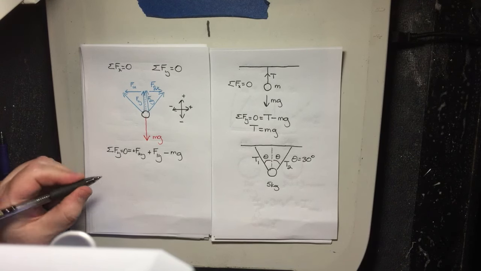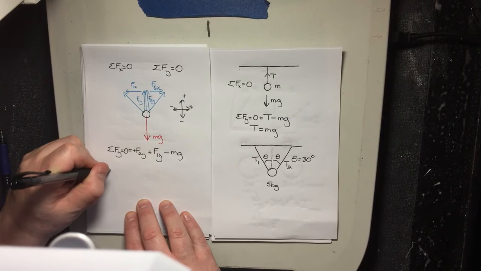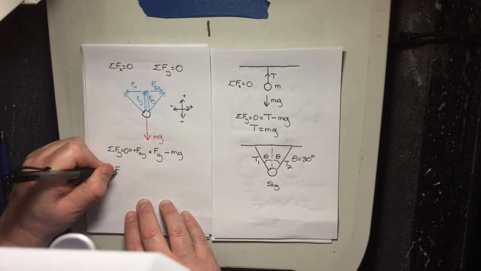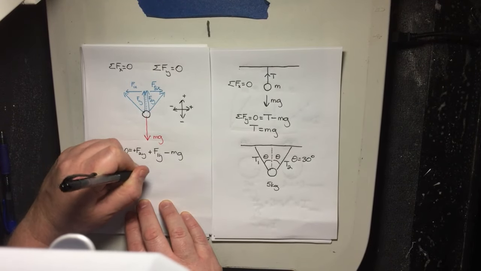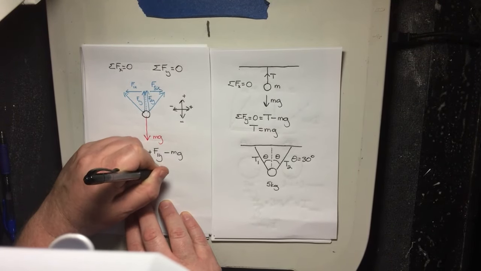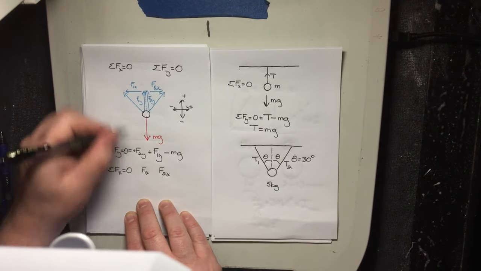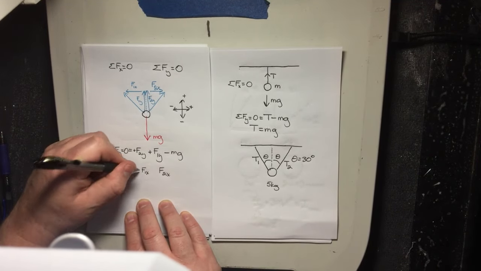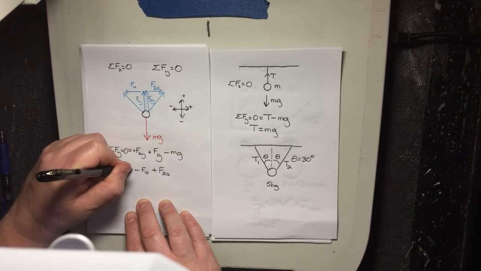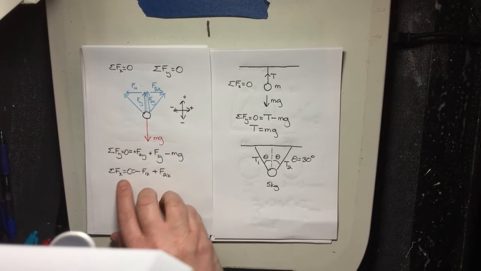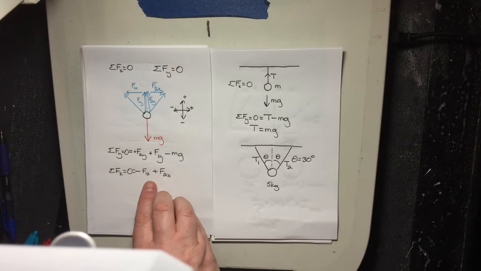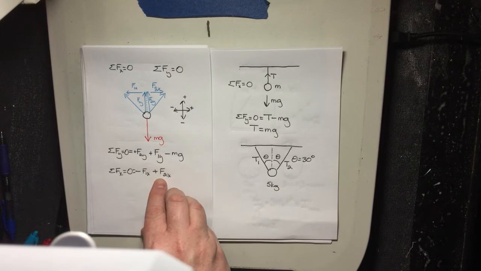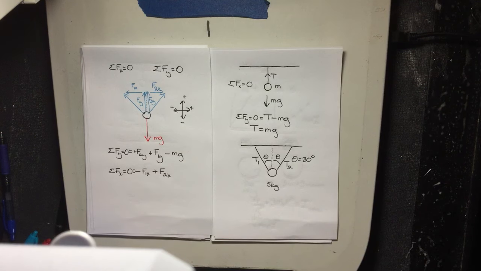The next one, the sum of the forces horizontally, is also equal to 0. F1x and F2x. F1x is to the left, F2x is to the right. So the sum of the forces horizontally is equal to 0, which is equal to minus F1x plus F2x.